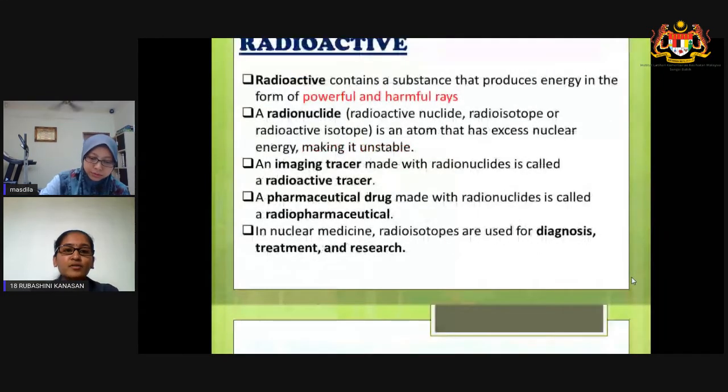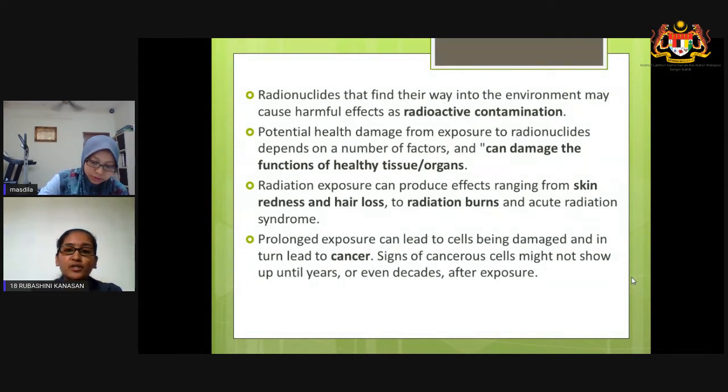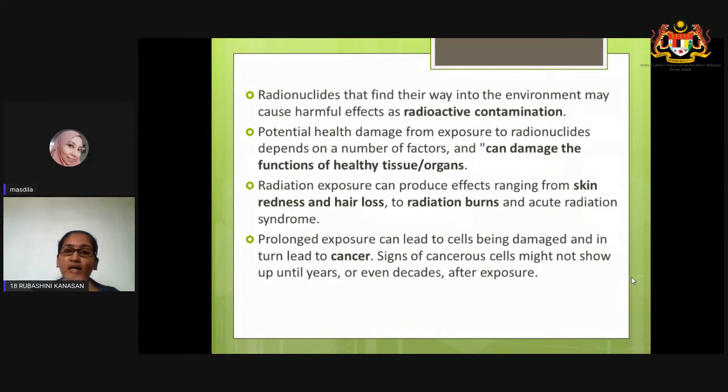Radionuclides that find their way into the environment may cause harmful effects as radioactive contamination. Potential health damage from exposure to radionuclides depends on a number of factors, and it can damage the functions of healthy tissue and organs. Radiation exposure can produce effects ranging from skin redness, hair loss, and radiation burns, towards acute radiation syndrome.